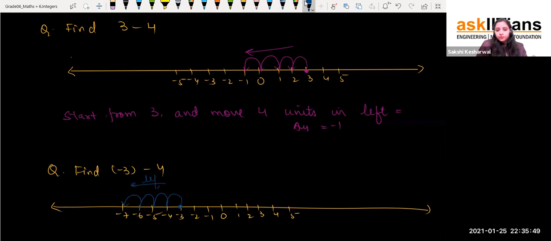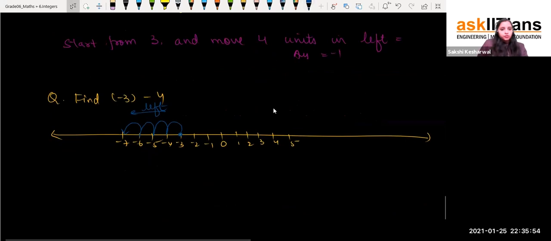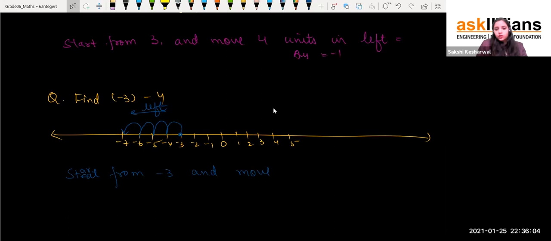Left. Yes. So start from -3, right? Start from -3 and move 4 units in the left, right? So your answer is what, beta?